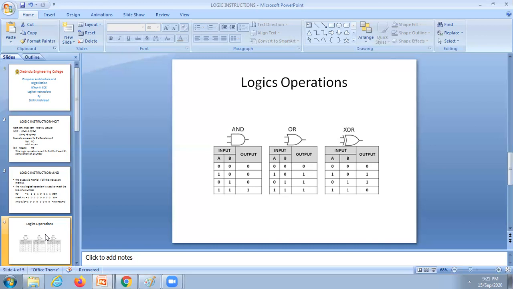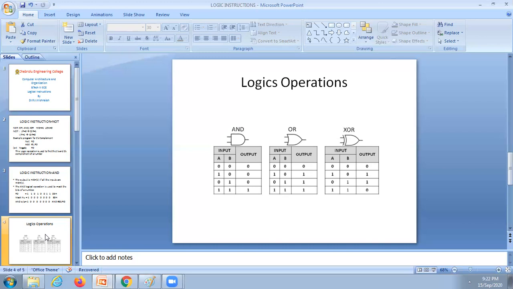AND means if all are satisfied, then only the output is present. Present means high or 1. If all the inputs are high, then the output is high. Or if all the inputs are ones, then the output is 1. That is the meaning of AND operation.